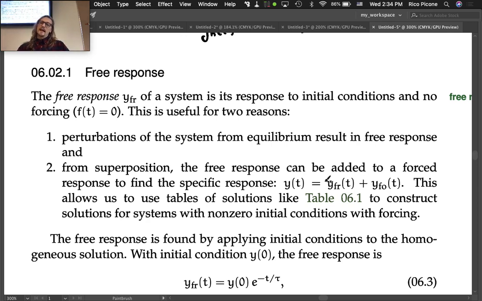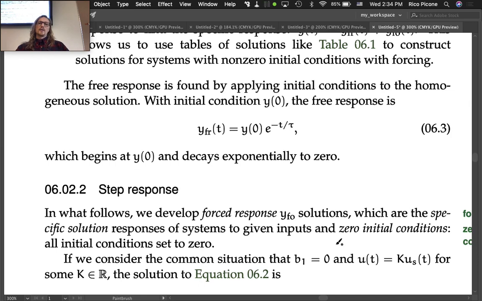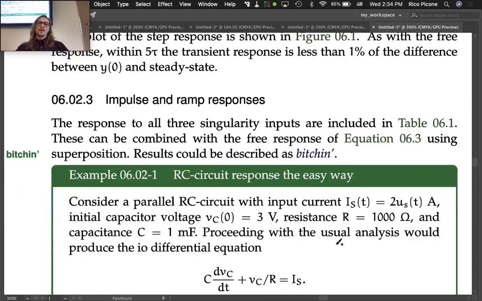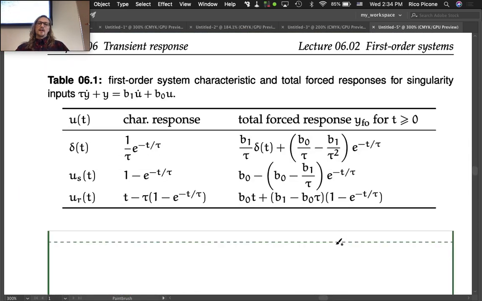So you can sum up the free and the forced responses. This allows us to use tables of solutions like Table 6.1 to construct solutions for systems with non-zero initial conditions with forcing. So let's look at Table 6.1 for just a moment.